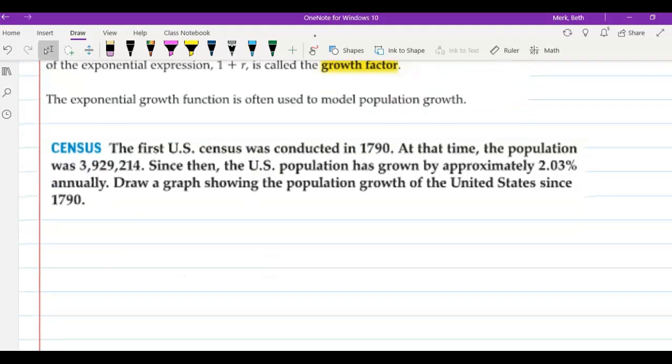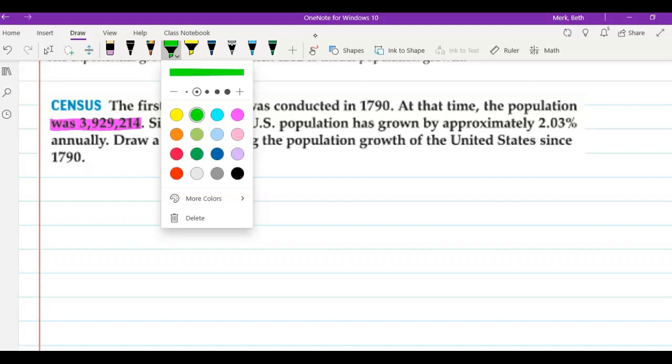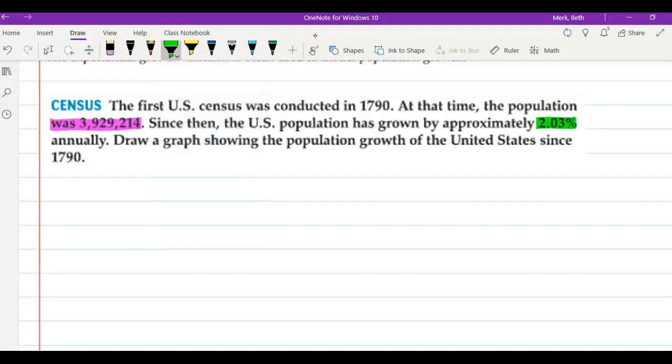Okay? In this next example with population, the first U.S. Census was conducted in 1790. At that time, the population was, that's key here, the population was 3,929,214. That's what it started at the first time we did the census. Since then, it has grown by approximately 2.03%.